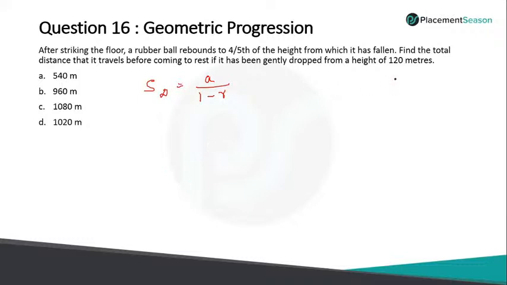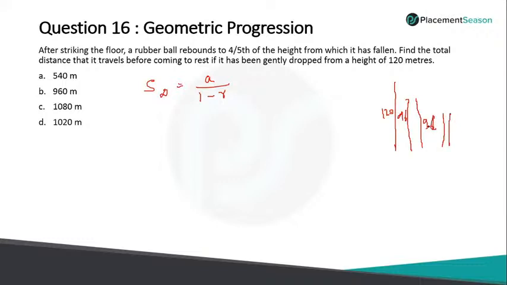So I'll just draw here. The first drop, it has fallen 120. Again, it would have rebounded to 4/5 of this, which is 96. Again, it would have fallen back 96.